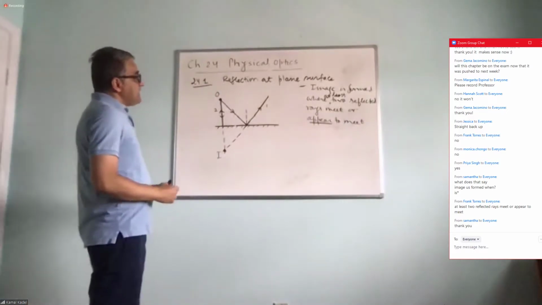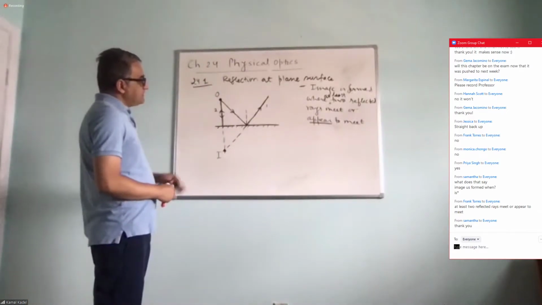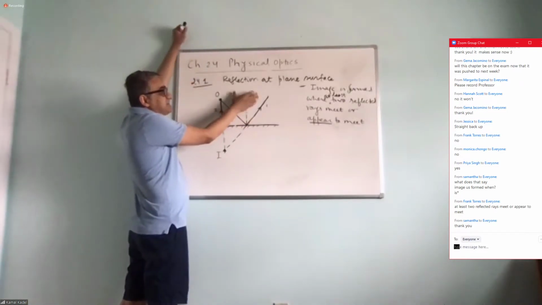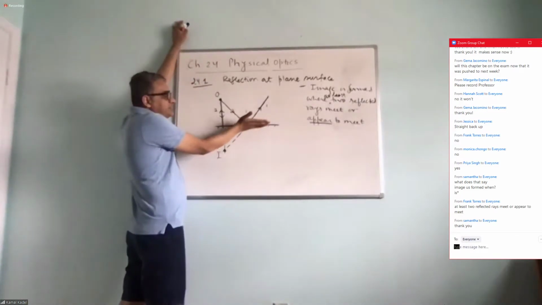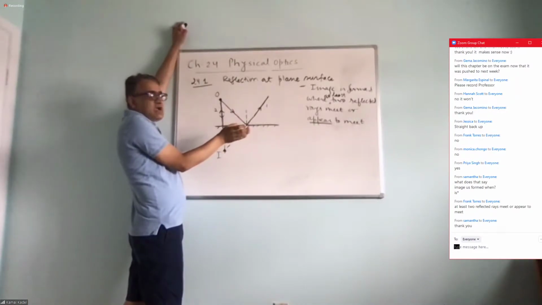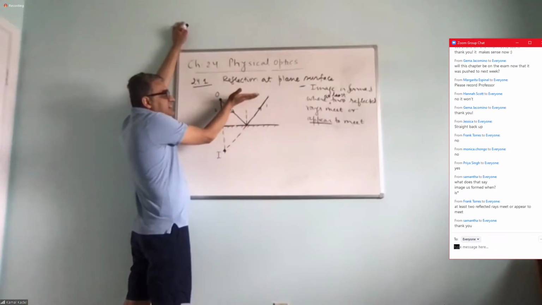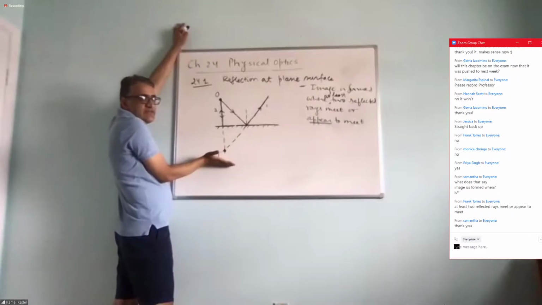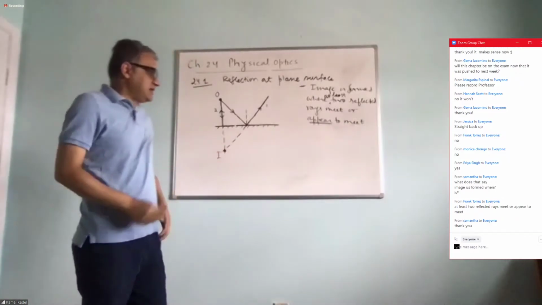So now at least we know that. If the image is formed on the same side of the reflecting surface as the reflected rays, then the image is real. But now the reflected rays are on this side, and the image is forming on the other side. So now this image is not real.